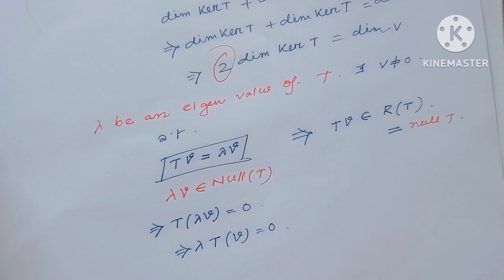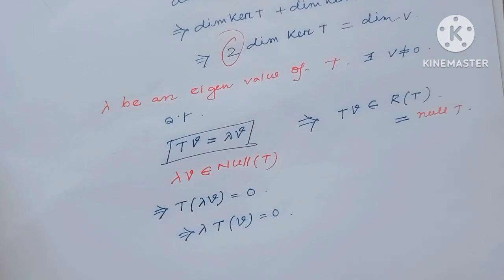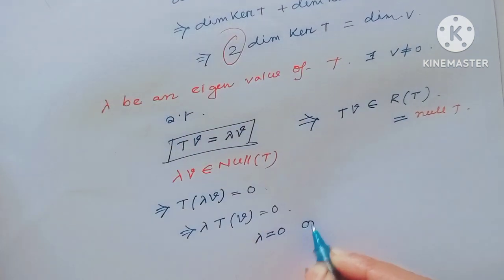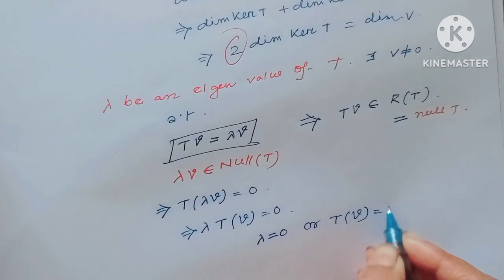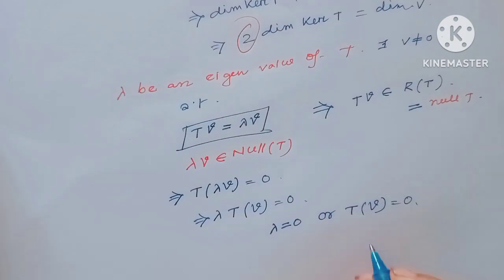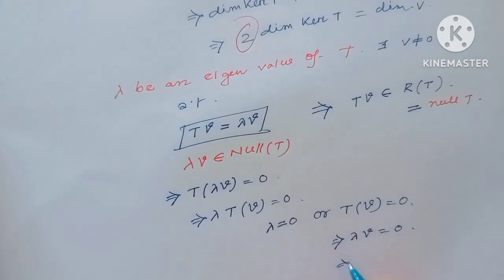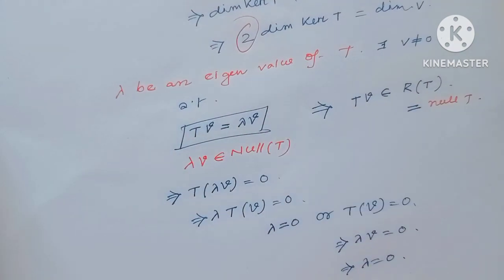That implies either lambda equals 0 or Tv equals 0. But Tv equals 0 implies lambda v equals 0, which means lambda equals 0.